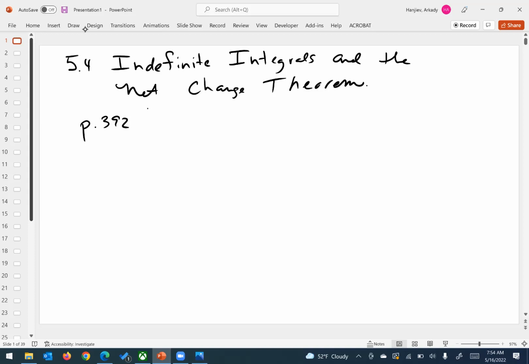Whenever you take a derivative, if my function is, I'm going to make something up, you don't need to copy this down unless you really want to, x squared plus 4, when I take the derivative of this I give myself 2x.